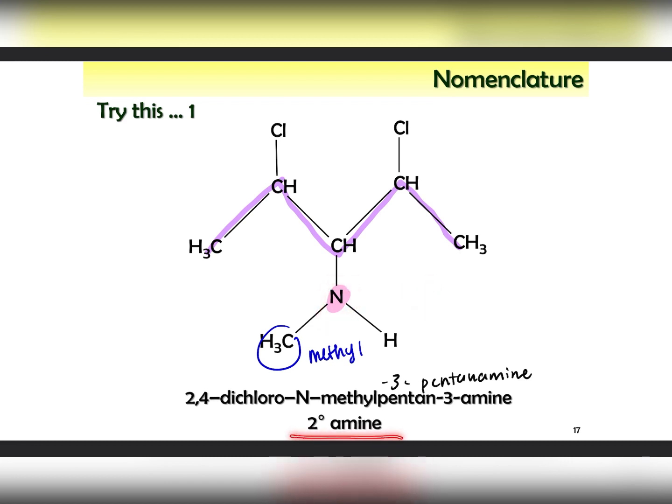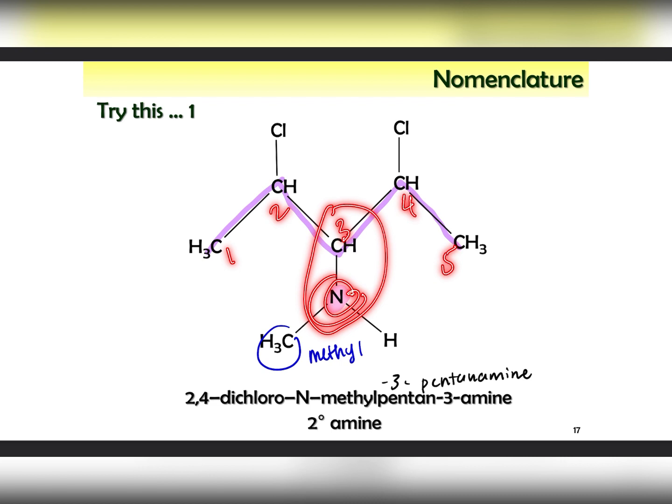Okay, so for this example, ini kamu punya nitrogen and this is secondary amine. So untuk secondary amine, ini adalah the longest chain which is 5 carbon, so the naming akan jadi pentanamine. Since nitrogen is attached to the third carbon, so 1, 2, 3, 4, 5, so the third carbon baru bond to nitrogen, so dia adalah 3-pentanamine.